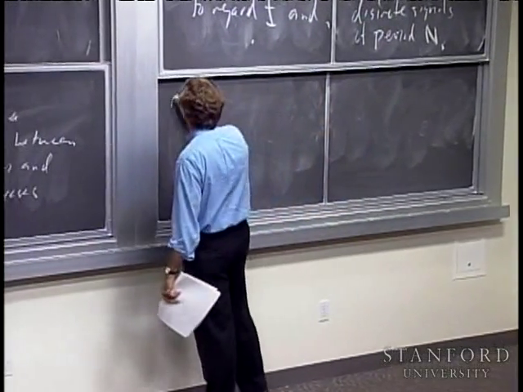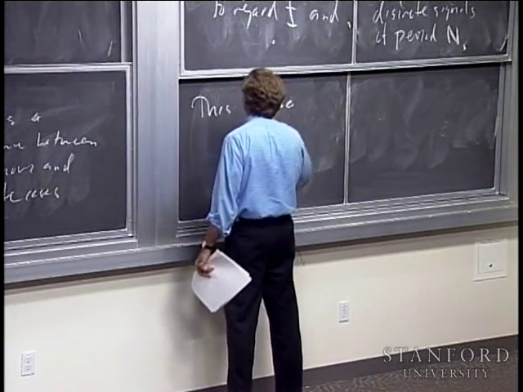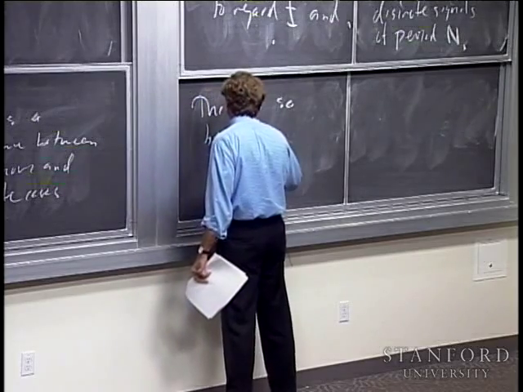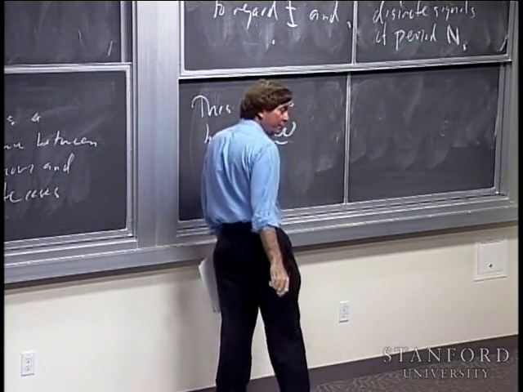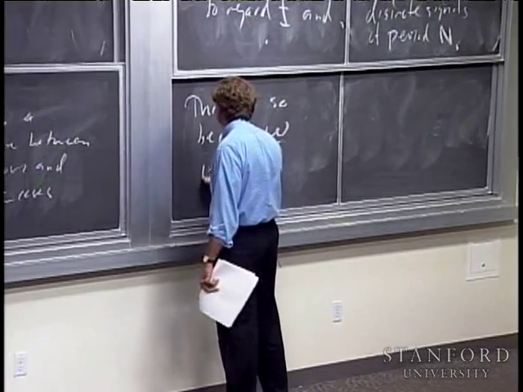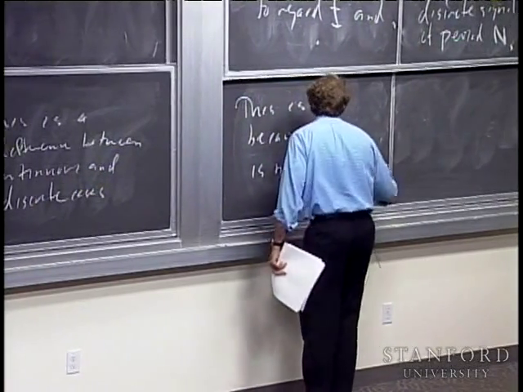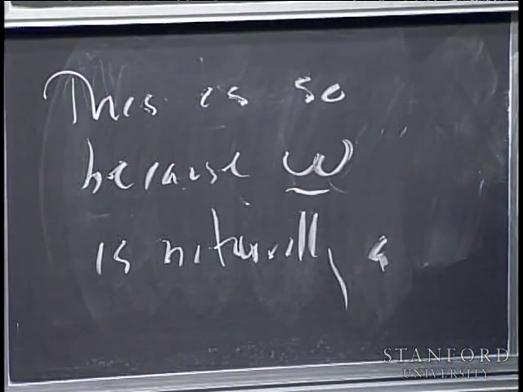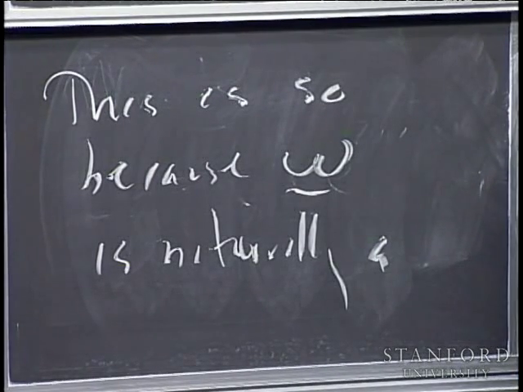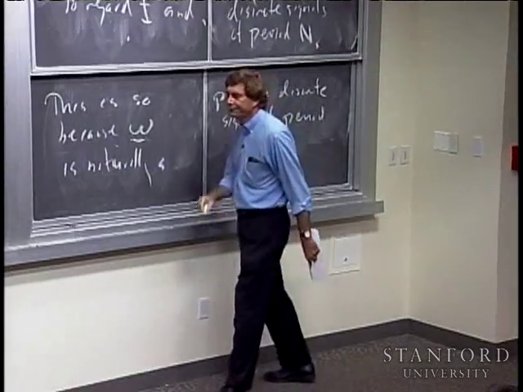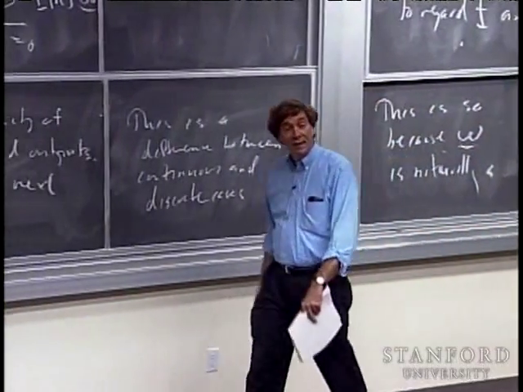So this is so because omega itself, this discrete complex exponential, is naturally a periodic discrete signal of period n. Okay? And more on this next time.